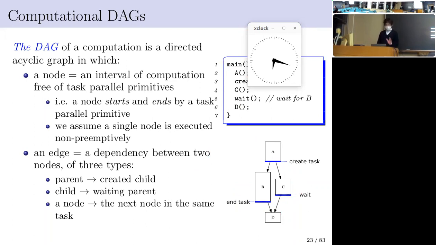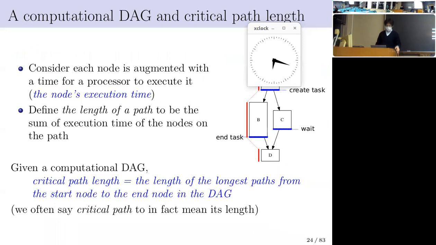This is going to be a very important concept when you reason about the speedup of task parallel programs. And so I'm getting to the definition of the critical path length, which is perhaps the single most important concept in this lecture. Let's consider each node is augmented with a time for a processor to execute it.